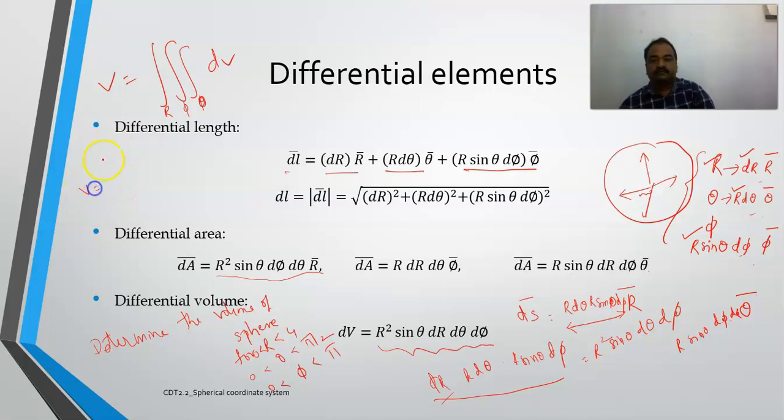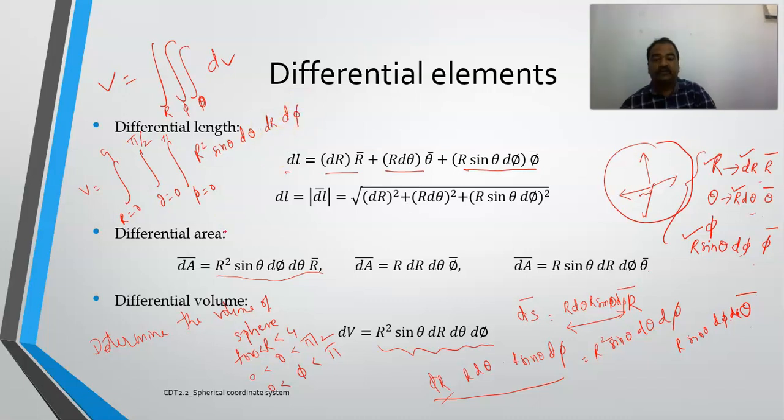V is equal to the integral with R varying from 0 to 4, theta varying from 0 to pi by 2, phi varying from 0 to pi, of R square sin theta dr d theta d phi.